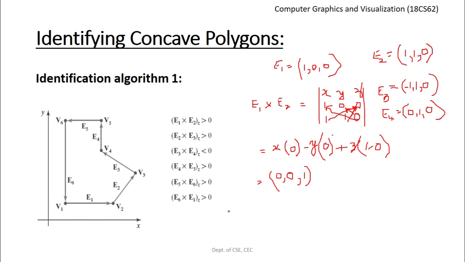Okay, so let me just rewrite it here. E3 cross E4 will yield us a value. Let me first write E3 cross E4.